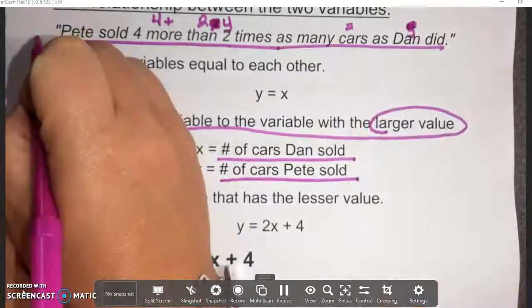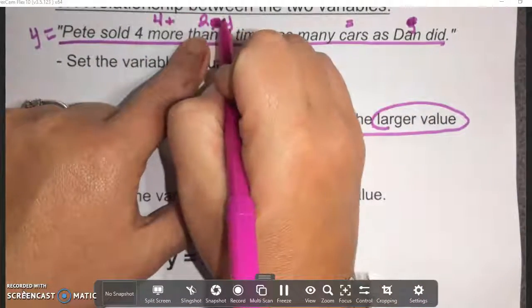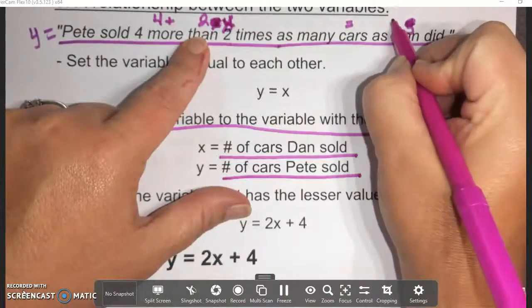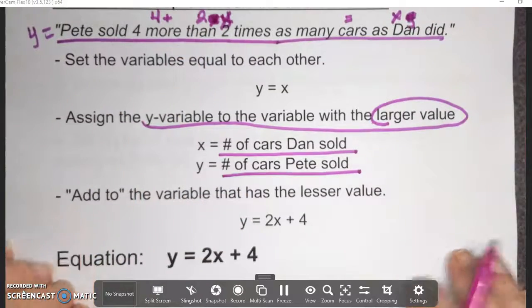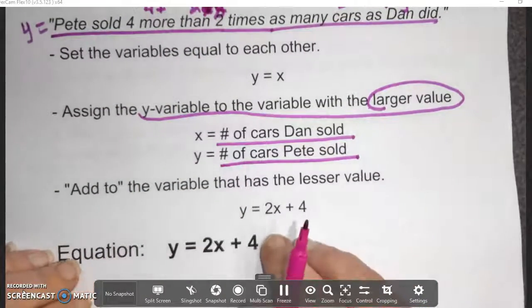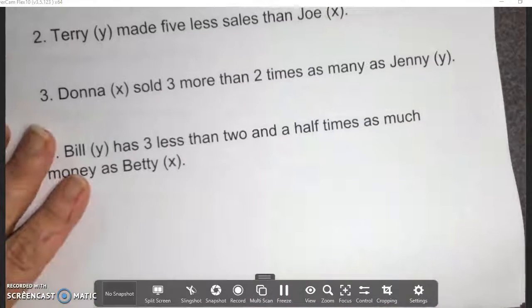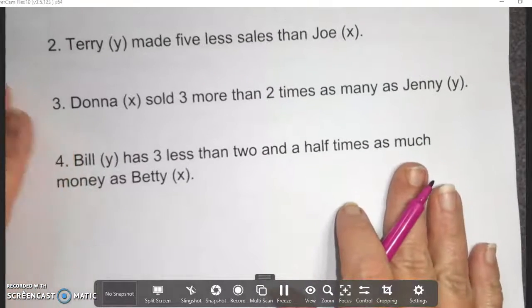Sorry, I did that wrong. Y equals 2x plus 4. Okay? I thought about it correctly, but wrote it out wrong. So let's do some examples.